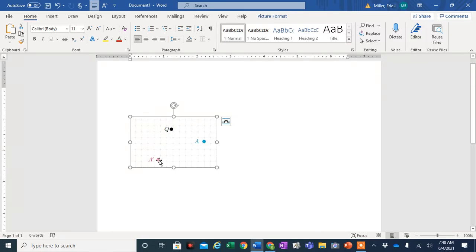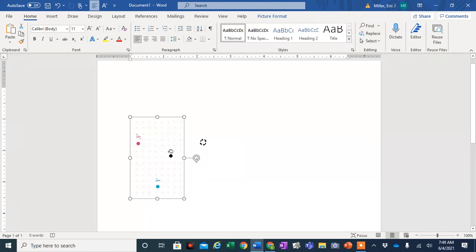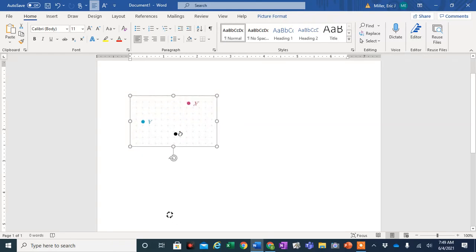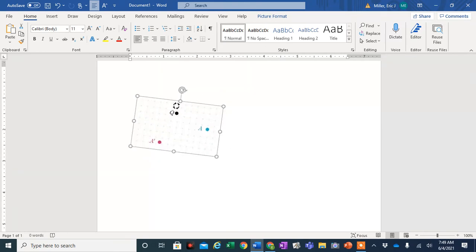So I need this A to end up here. So if I go clockwise, that would be 90, that would be 180. So from looking at this, it looks like really the only one that worked is 180.